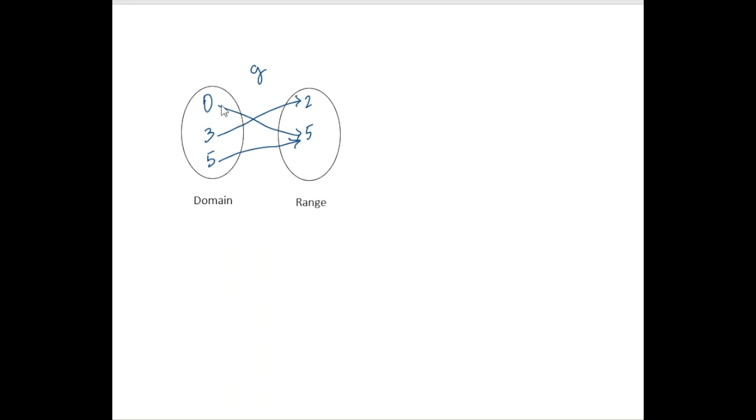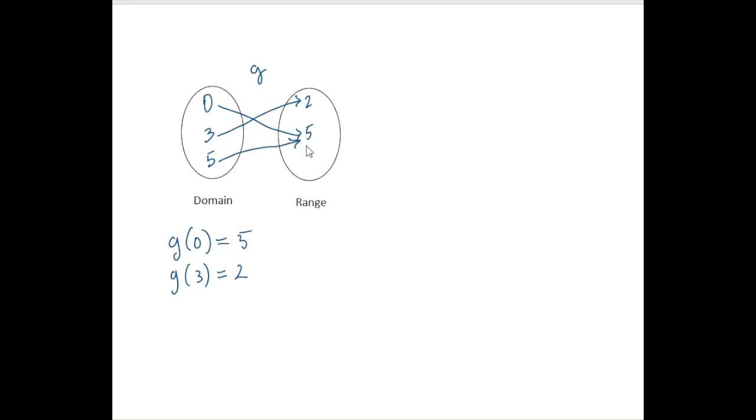If I ask you, what is the output assigned to the input 0? Or what is g of 0? You follow the arrow, and we see that the output is 5. If you're asked for the output corresponding to the input of 3, you can see that g of 3 is equal to 2. And what is the output corresponding to the input of 5?